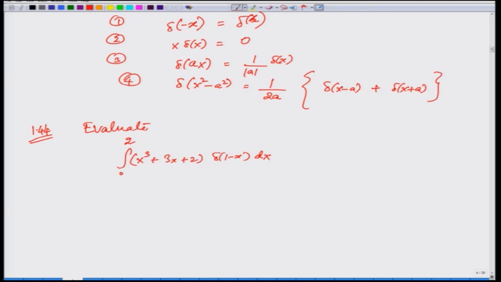A very simple way: use property 1. So this is equal to the integral from 0 to 2 of x cube plus 3x plus 2 times delta of x minus 1 dx, and we can see that x equals 1 lies in the interval between 0 and 2. So this will be equal to 1 cube plus 3 into 1 plus 2, which is equal to 6.